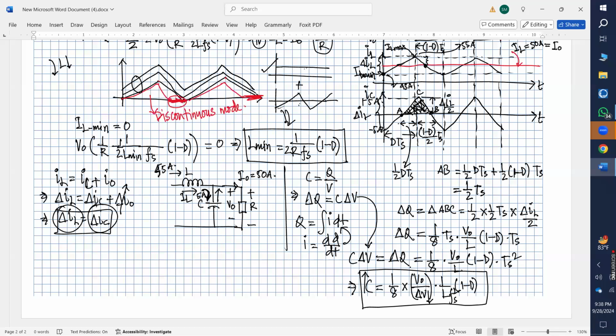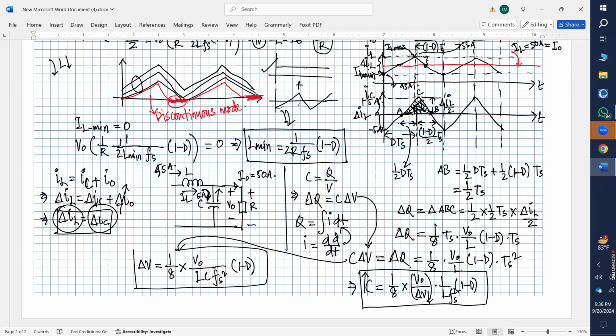So this is the value of C, right? Yes, sir. We got it from the equation, right? So let me write this equation in a different manner. Del V is 1 over 8 multiplied by V naught over LC, Fs square, (1 minus D), right?